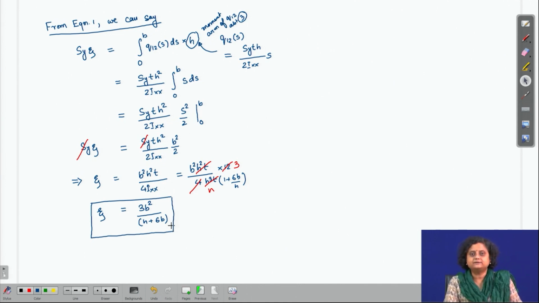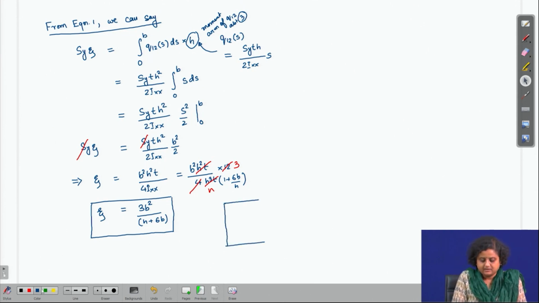Therefore, the shear center of the C cross section is on the x axis because of symmetry, and it is at a distance. If this is the shear center, this distance is zeta, which is given as 3b square by h plus 6b.